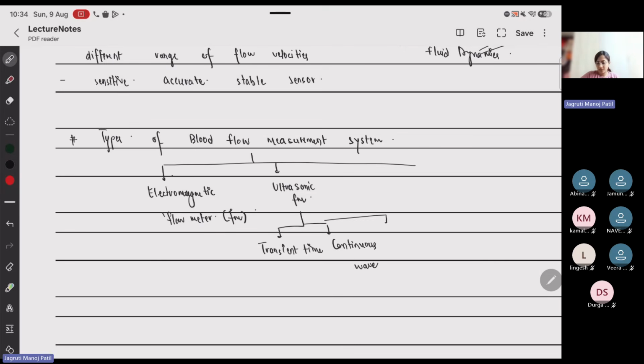One is pulse wave, and one is laser based. So you have transient time, continuous, pulse, and laser based. And then you have thermal based. Based on temperature differences, you can also get an idea about the flow of blood through that system at that point. I guess this is it.